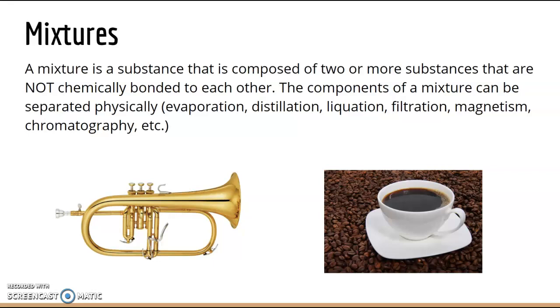And you also probably know that you need water to produce coffee. So those are two different chemical compounds, H2O and then caffeine. Each of those has chemical bonds that hold it together, but those two things are not chemically bonded to each other in the coffee. So that's what we mean by two or more substances not chemically bonded to each other.